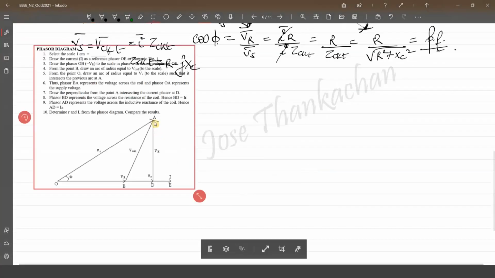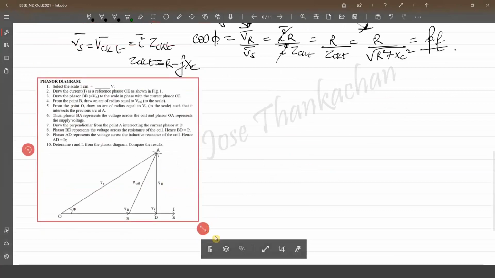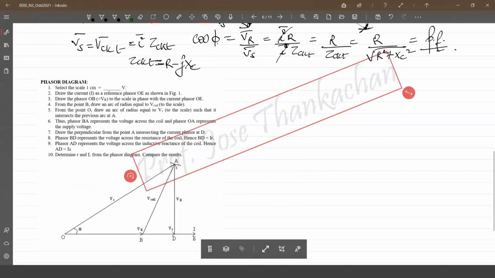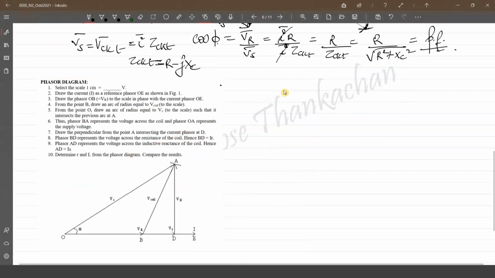So you can see here. And for the choke coil, what was the circuit? Remember, we just saw it. There is a choke coil, a small resistance and an inductor. Together this forms a choke coil, and that is connected in series with a load.